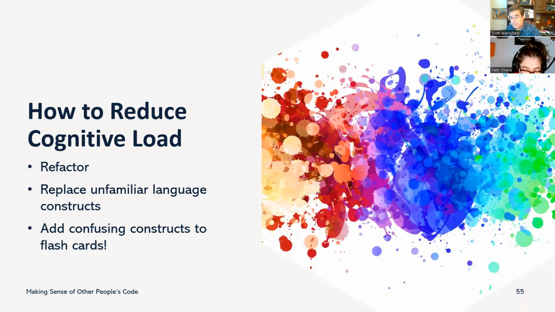Now, I love the phrase that you told me. Unfamiliarity is in the eye of the beholder. Yes, and of course, if you do find yourself expanding out unfamiliar language constructs, this is a good signal that we need to spend some time learning it.